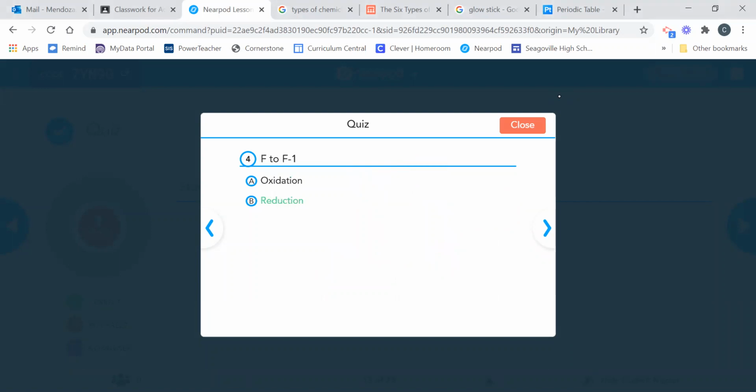And then this one is F to F-. And notice we are going from 0 to -1. This is also asking you to know the difference between oxidation and reduction. One way to remember it is OIL RIG.